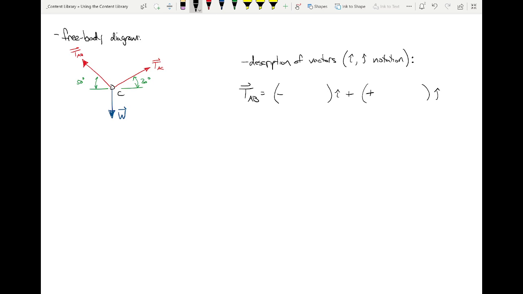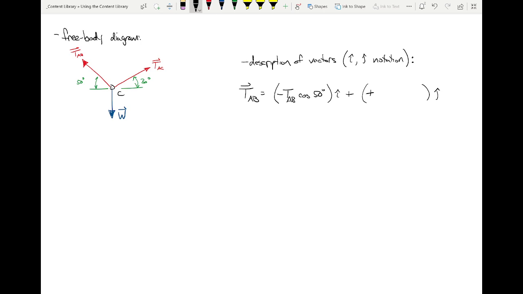Now, how do you determine the X component? Let's go back to what we've done before. You take the magnitude times what? The cosine or the sine for the X component? Cosine, right? So I could write the X component as the magnitude of this vector times the cosine of 50 degrees.